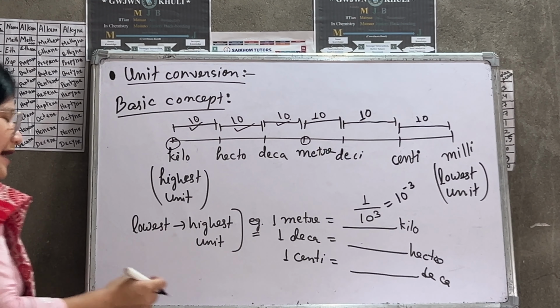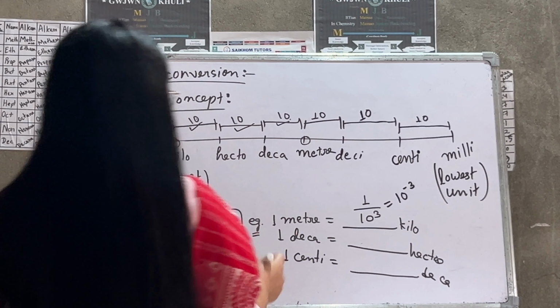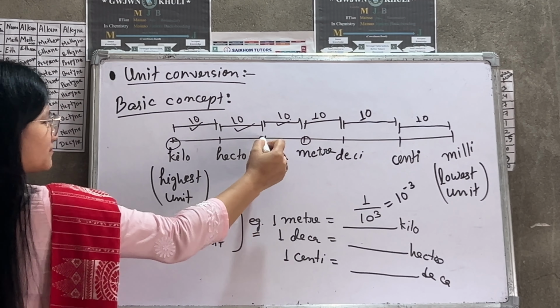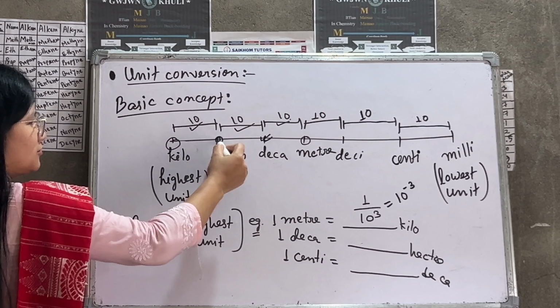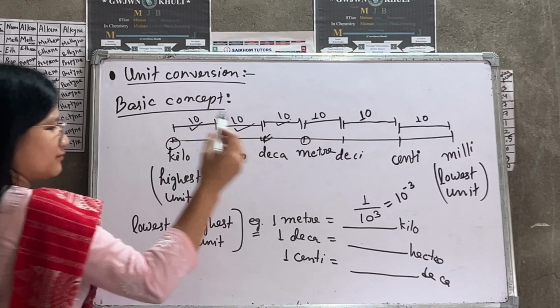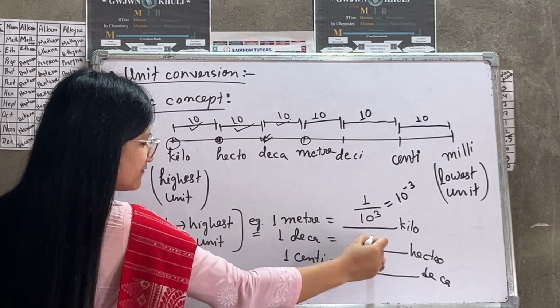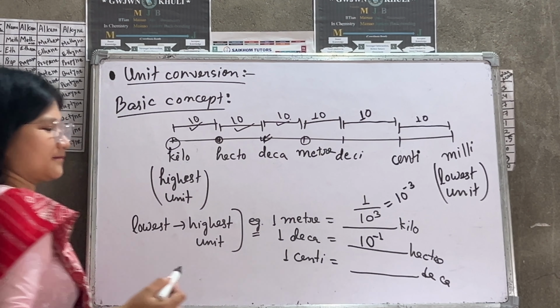Clear? And for deca to hecto, what is the difference? Only one, so 10 inverse 1.